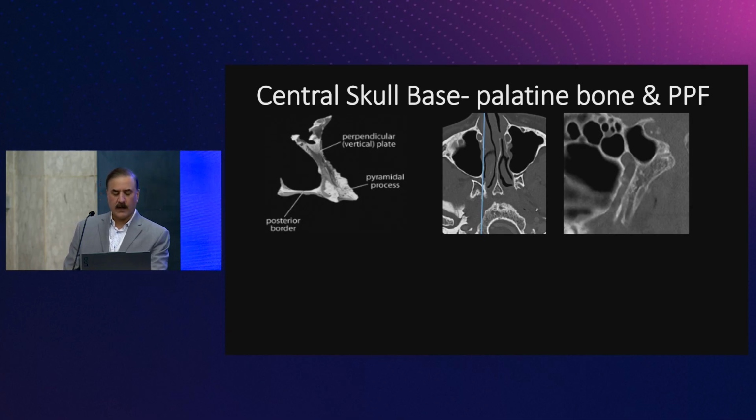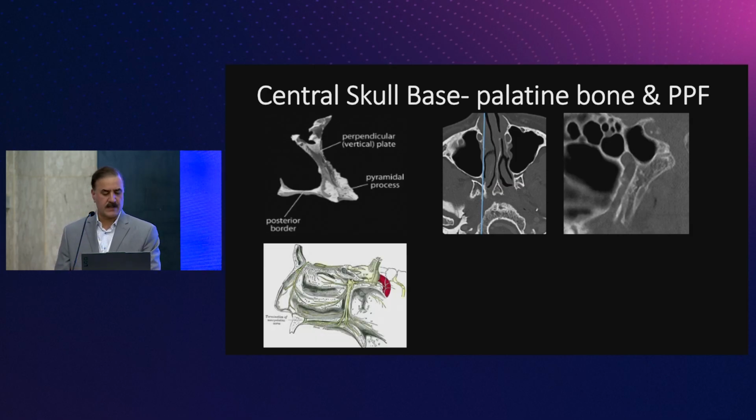And if you do an MPR oblique reconstruction, you can see the palatine bone here. This is the posterior process, and this is the perpendicular plate. And behind that, you can see your pterygopalatine fossa. So that's the second bone that is involved in the central skull base.